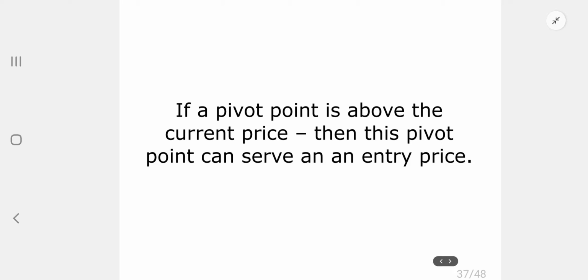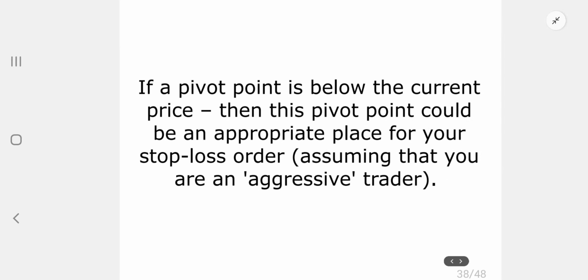If a pivot point is above the current price, then this pivot point can serve as an entry price. If the pivot point is below the current price, then this pivot point could be an appropriate place for your stop loss order, assuming that you are an aggressive trader.